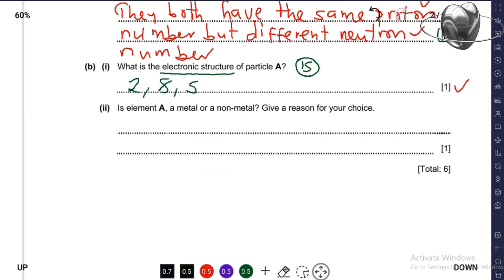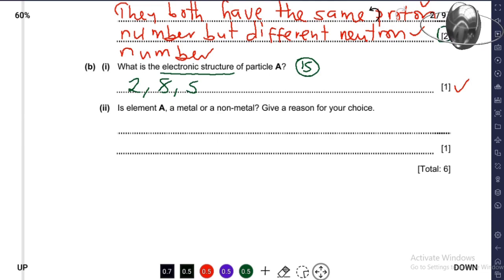Is element A a metal or a non-metal? Give a reason for your answer. My dear learners, you need to understand that an element qualifies to be a metal if it is having the number of electrons less than 4 in the outermost shell. If it is having 1 electron in the outermost shell, 2 or 3, that element qualifies to be a metal.